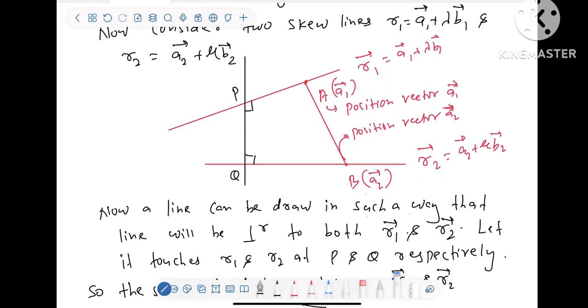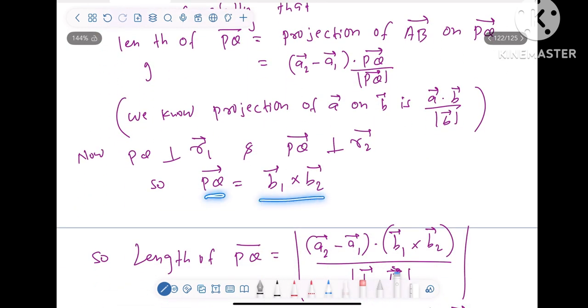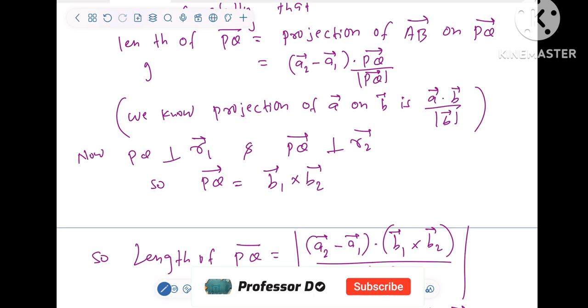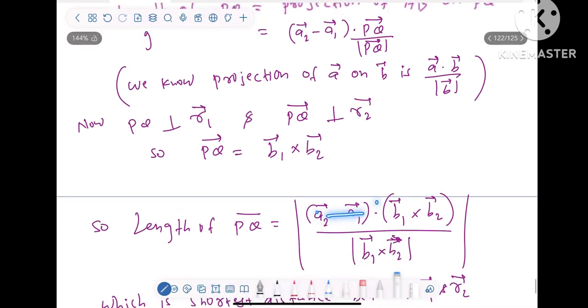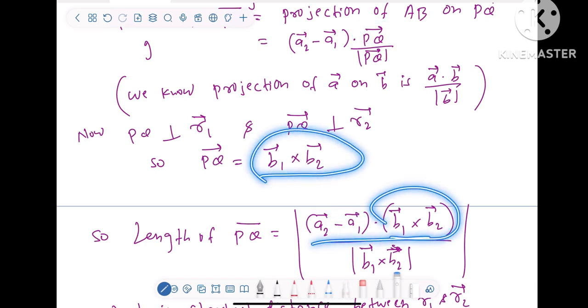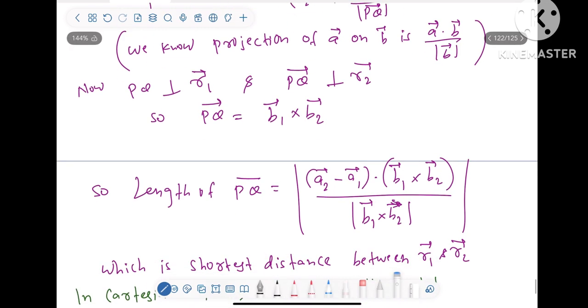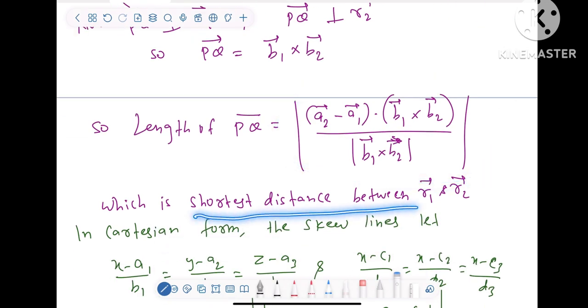So our PQ vector is b1 cross b2. So the length of PQ is (a2 minus a1) dot (b1 cross b2) divided by the magnitude of b1 cross b2, as it is a length. This is the formula to find the shortest distance between two lines.